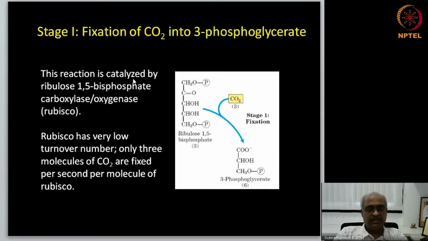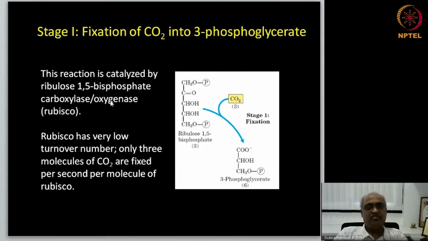This is catalyzed by an enzyme called ribulose 1,5-bisphosphate carboxylase oxygenase, because it does both the reactions. And we simply call it Rubisco. Most people call this enzyme Rubisco. So if you refer to it as Rubisco, I'll be happy enough.